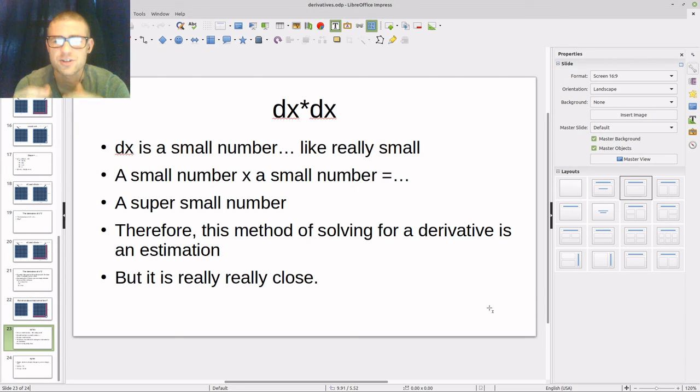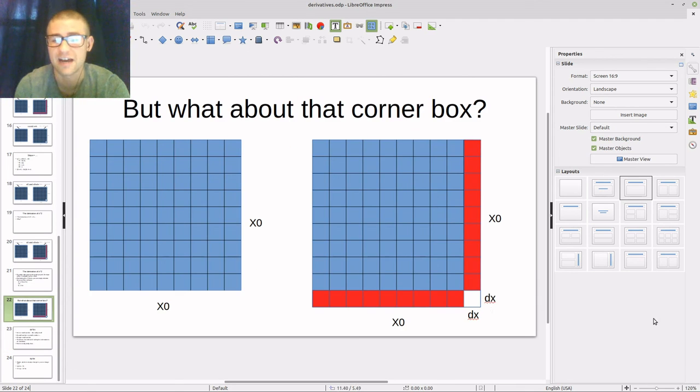So, starting with a small number, multiplying it by another small number gives you a crazy small number, which means that when you solve for a derivative by calculating these areas and adding them up, you're approximating the derivative, right? But that's okay, because this calculation is so small that it would change your values by such a tiny fraction that it would be completely meaningless to even bother calculating.